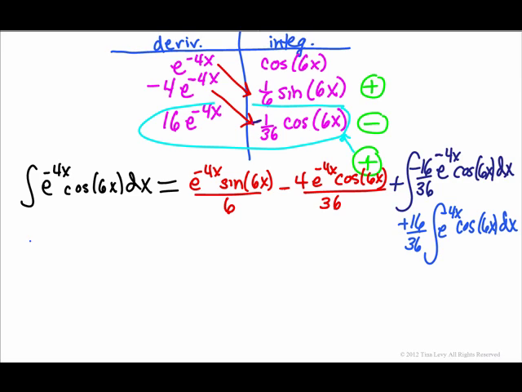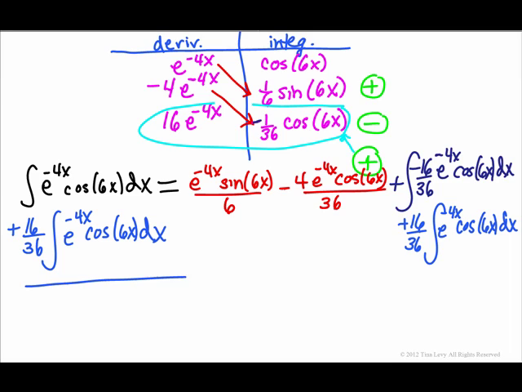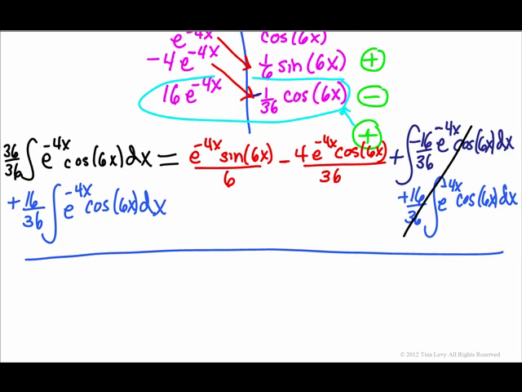And I add that to the other side, 16/36 e to the negative 4x cosine 6x dx. So now that gives me, I've got 36/36 plus 16/36 of that integral.